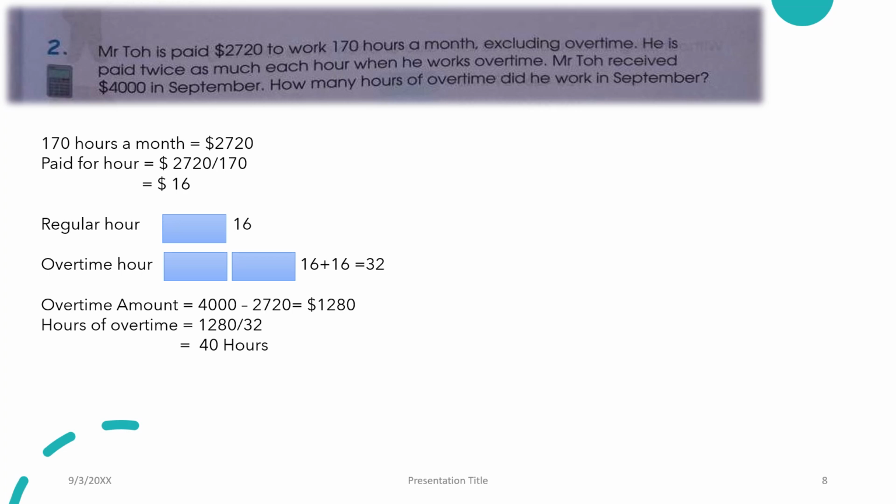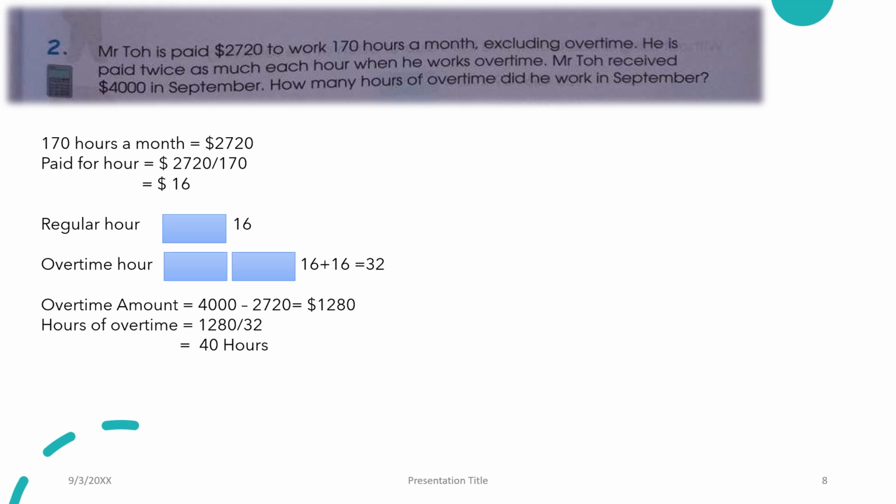Now in September, Mr. To received $4,000 and we have to find out how many hours of overtime he did. So first of all, we are going to subtract the regular income amount, which is $2720, from $4,000. Now we have $1280, which is the amount of the overtime.